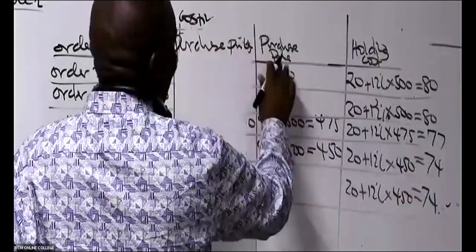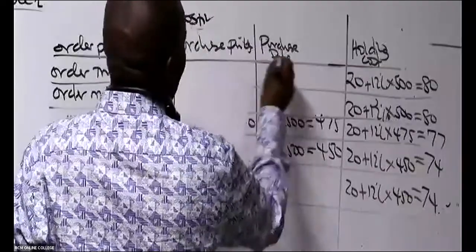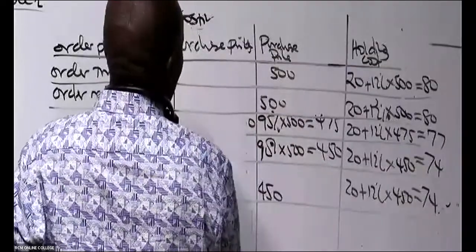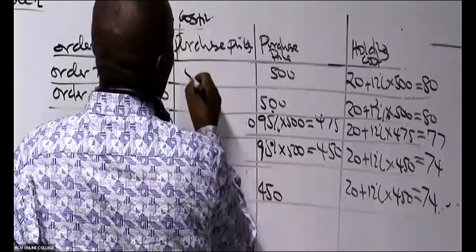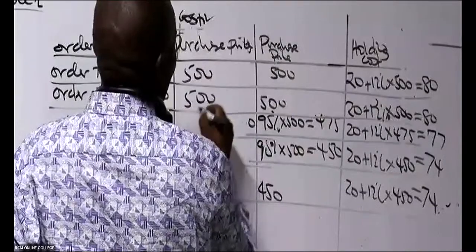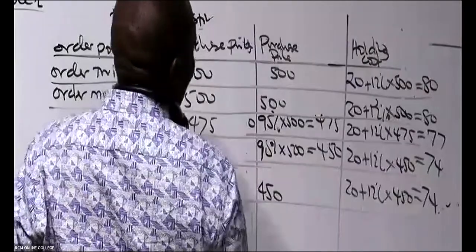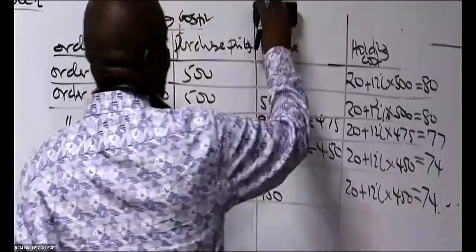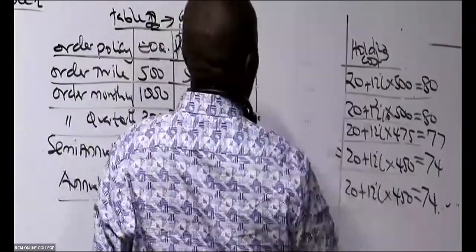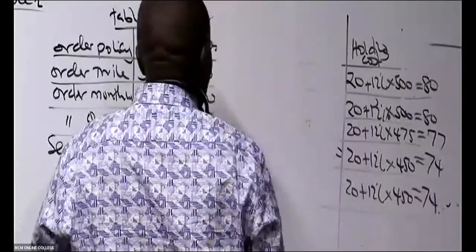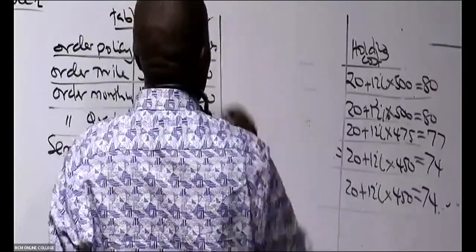Now I won't show the calculations. So it is 500, 500, 475, 450, 450. I need holding cost. I must squeeze my space.